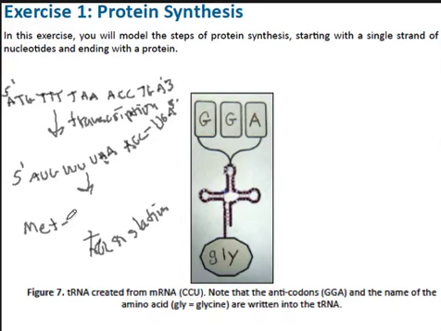Then we're going to have phenylalanine. And then we're going to have a stop codon. Okay, it's easy. Now we've made the protein. What happens to the rest of the messenger RNA? It gets degraded.